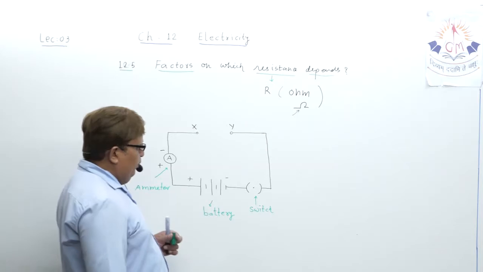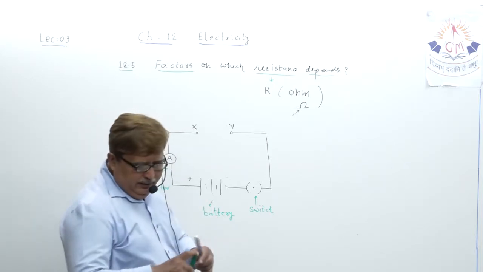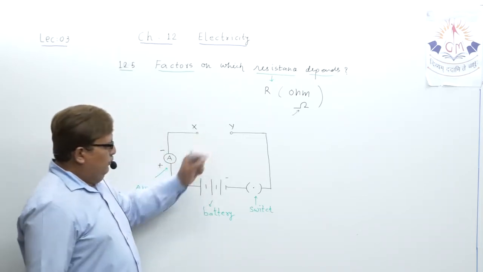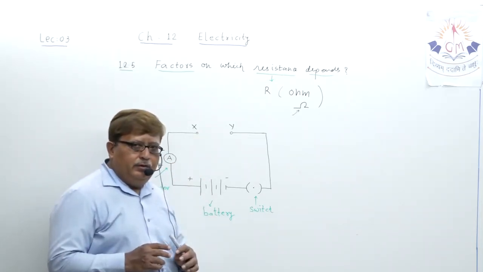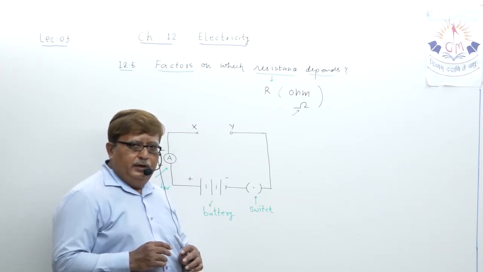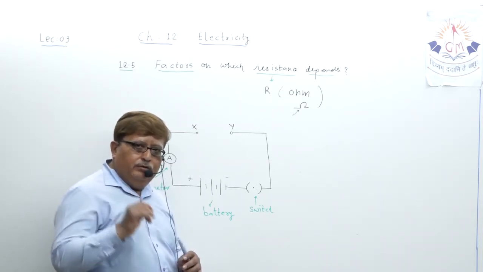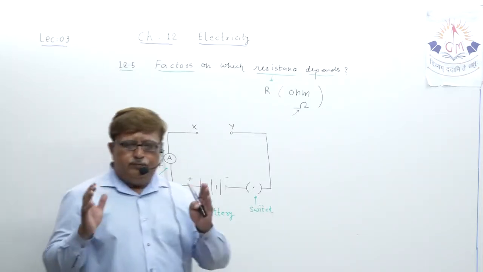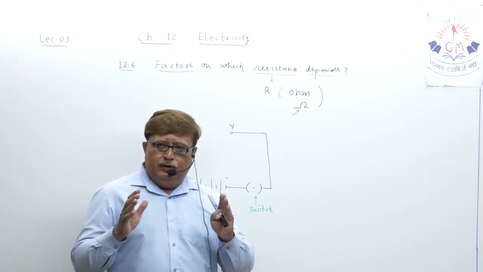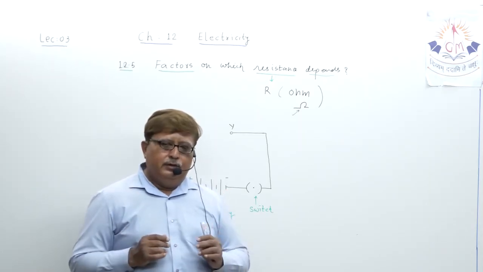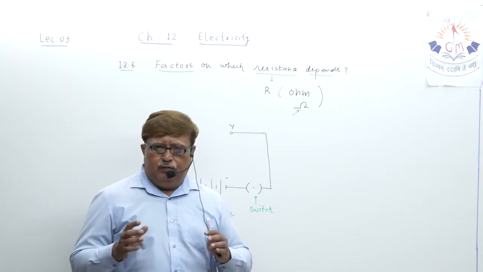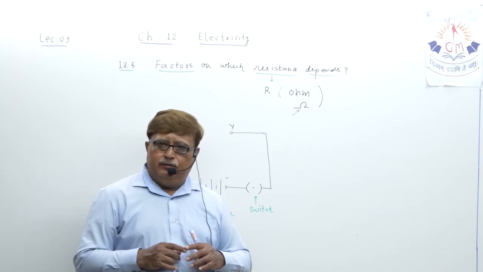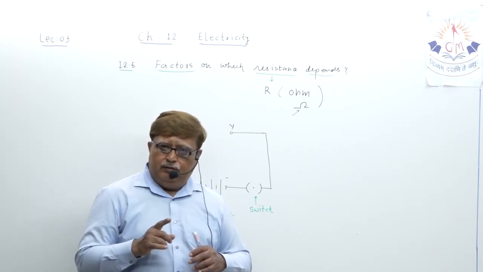Now suppose this is the circuit, and try to understand, my dear student. Still the circuit is not completed. Actually it is not closed. There is a gap. In this electric circuit, actually, what does electric circuit mean? A closed path of electric current is known as an electric circuit.